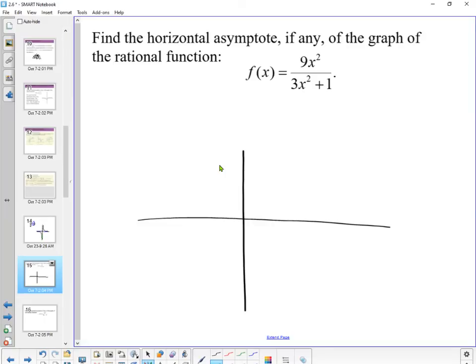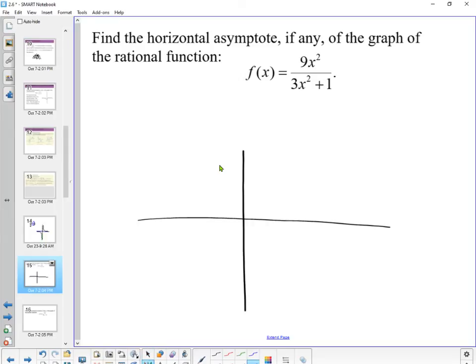Oh wait, no. Nothing makes it 0, correct? Well, here, look. 3x squared equals -1, divide by 3. Once I do that, I've got imaginary values. So I'm not going to get real asymptotes here. Okay? So I will have no verticals.